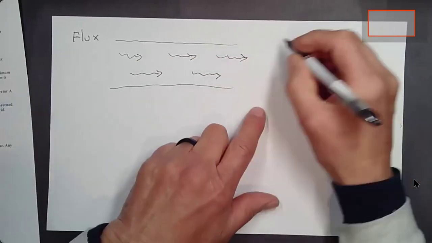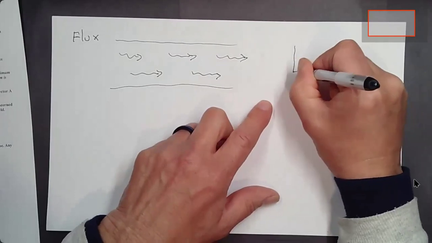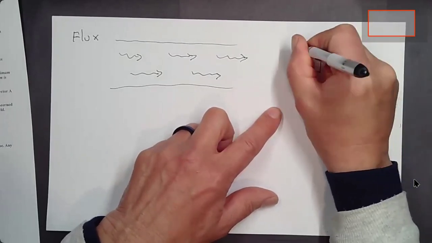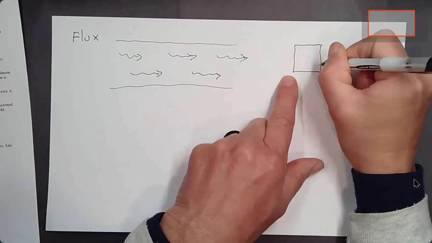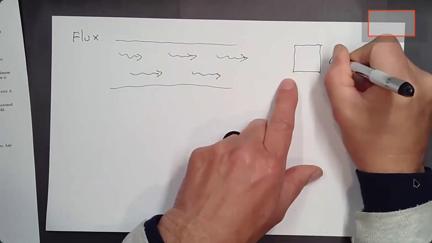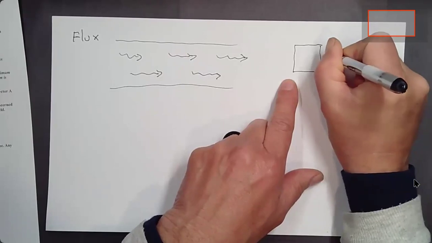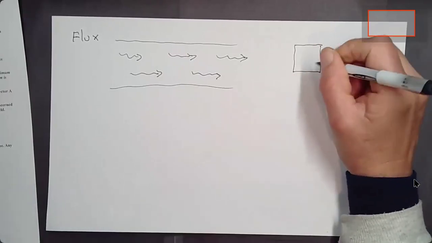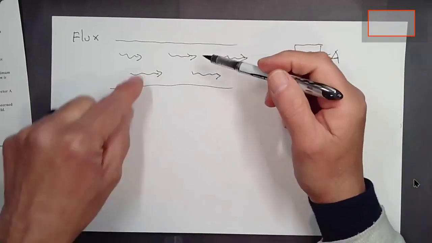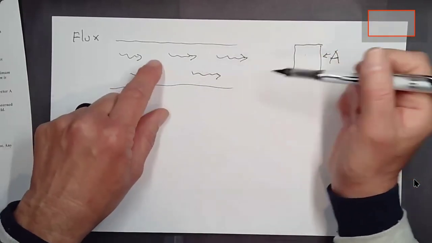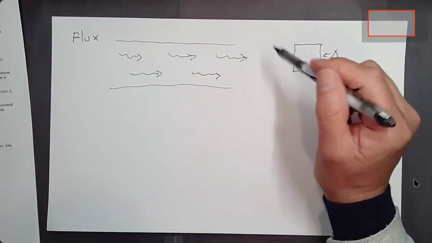And then we imagine that we have some sort of a rectangular loop here that's a flat plane of wire, and we'll just say that it has an area A, cross-sectional area A, and we'll imagine putting it into this stream so that we have water flowing through it.